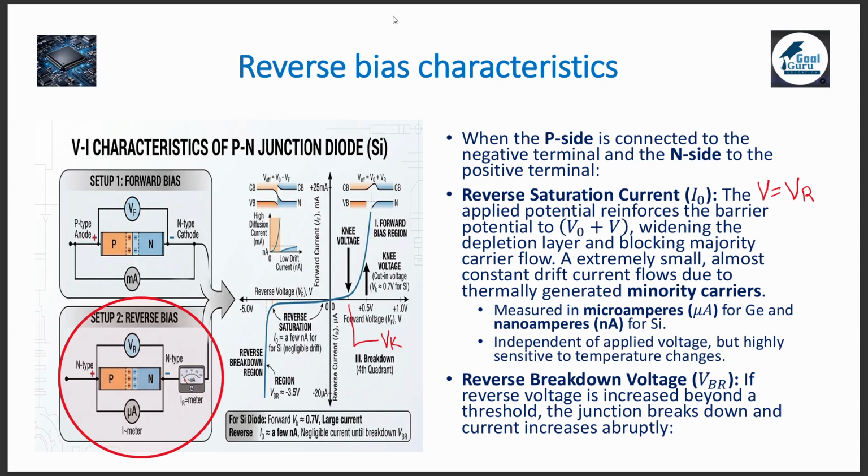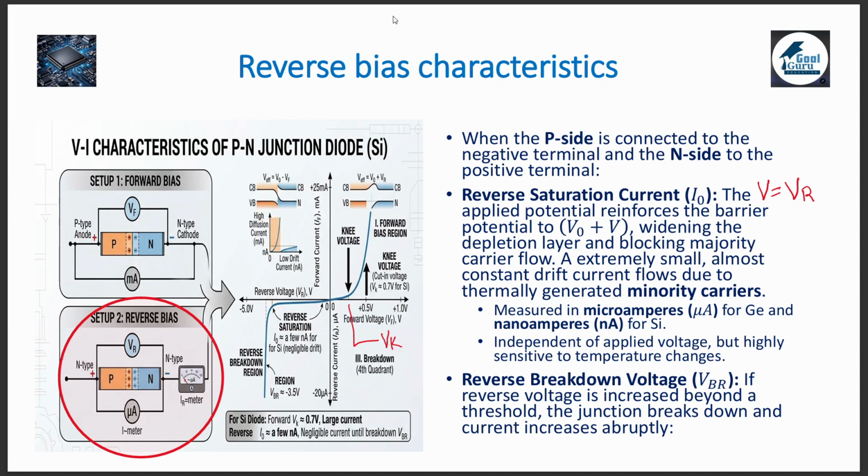Very small, almost negligible current flows due to thermally generated minority carriers. This is measured in microamperes for germanium and nanoamperes for silicon.